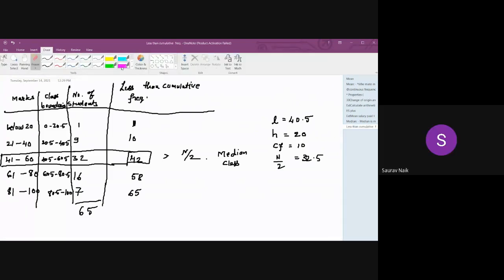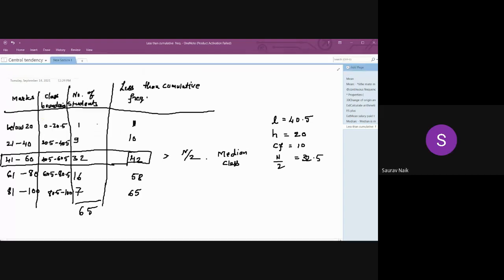For CF, we look at the class preceding 40.5 to 60.5, so it is 10. So 40.5 plus h by f, where h is 20.